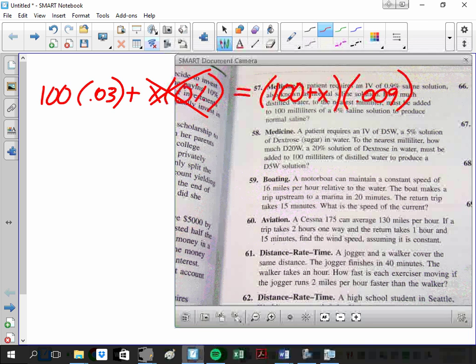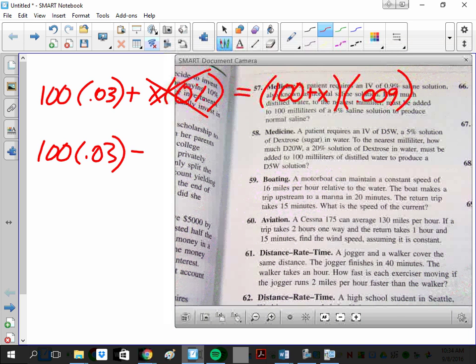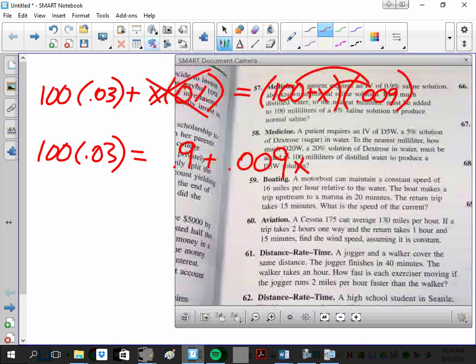That goes away. So 100 times 0.03 is equal to, if I distribute that, what is 0.009 times 100? 0.9 plus 0.009x. We expect the answer to be a couple hundred milliliters from what we tried to begin with.